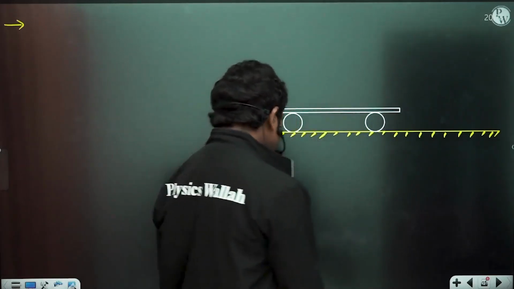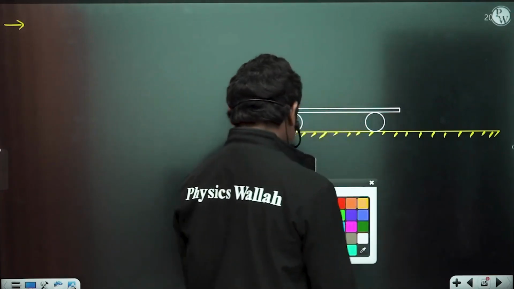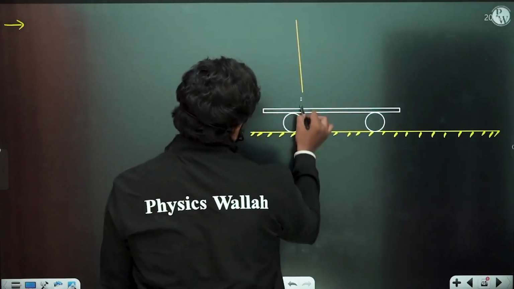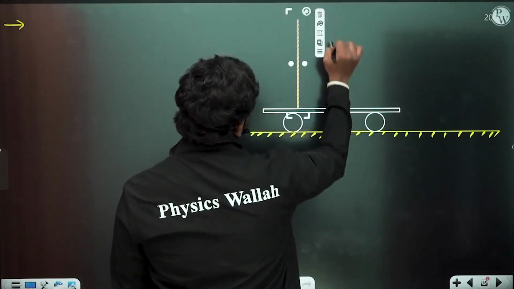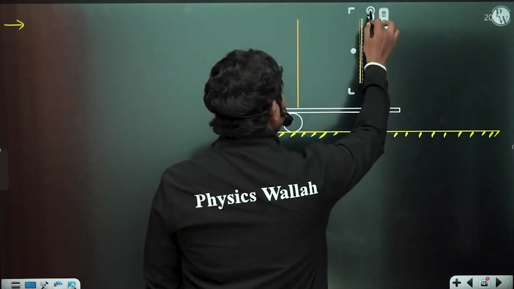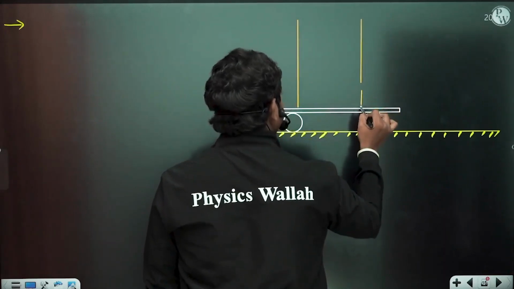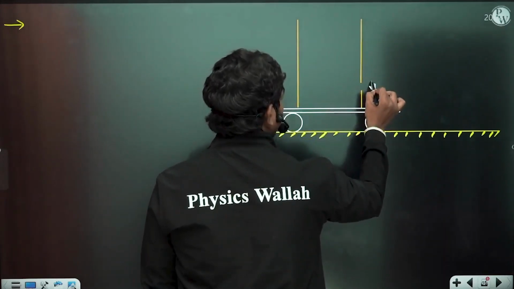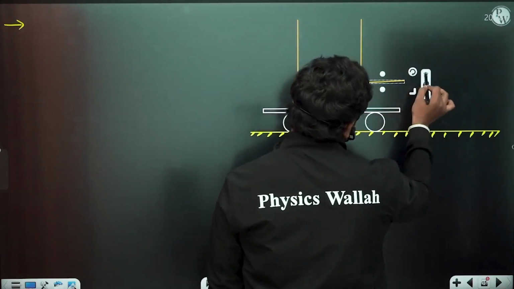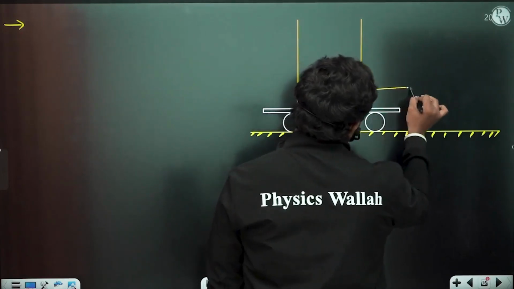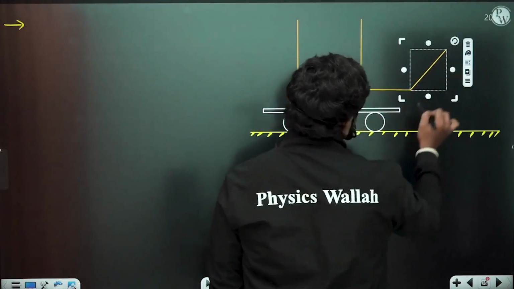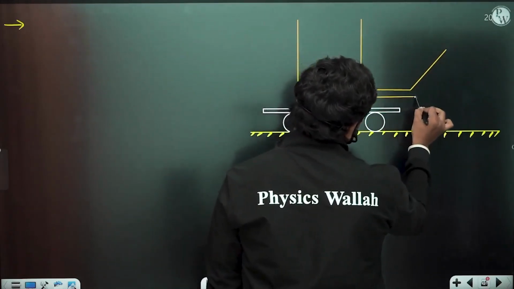Now let us suppose on this cart there is one big tank. Let us construct one tank also. Let us suppose it is inclined actually. Okay, so it is inclined.